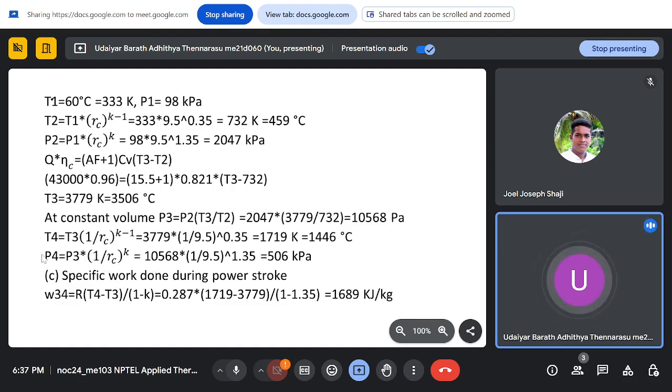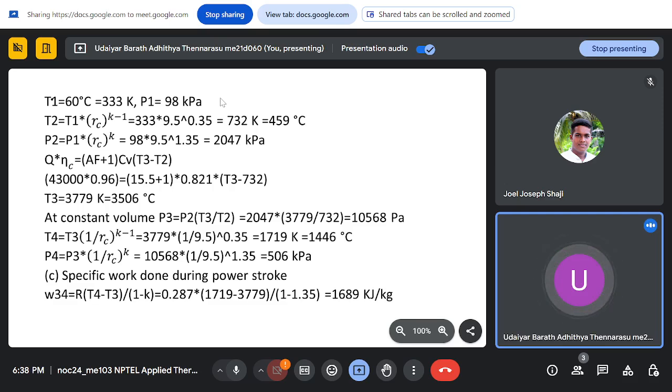P3 is 10,568 kilopascal into 1 by RC, 9.5, raised to power 1.35. This comes out to be 506 kilopascal, the pressure at state 4. With this we have solved for all 4 state points, so we know pressure and temperature at all 4 state points.